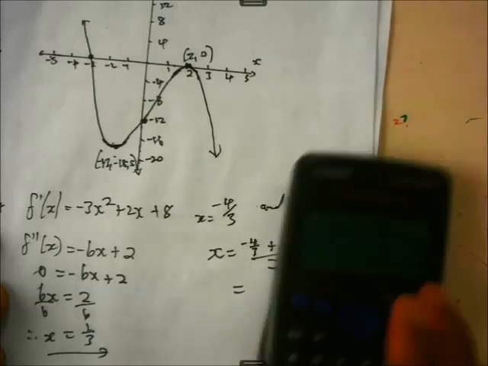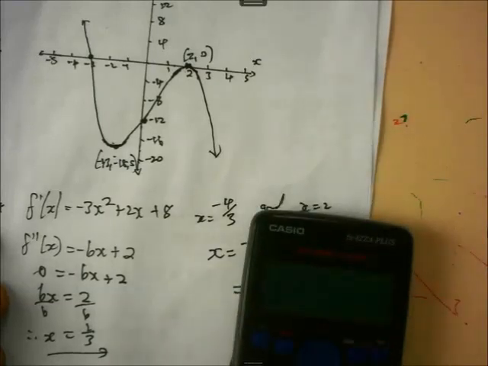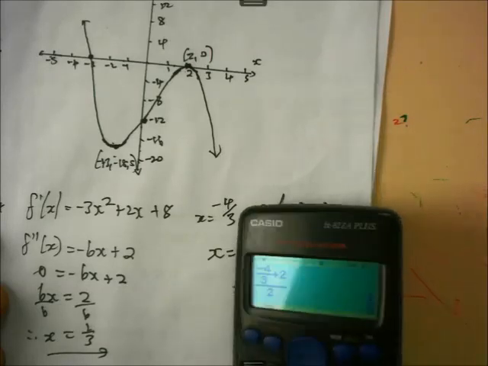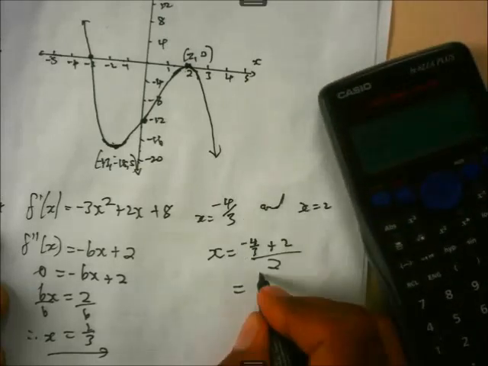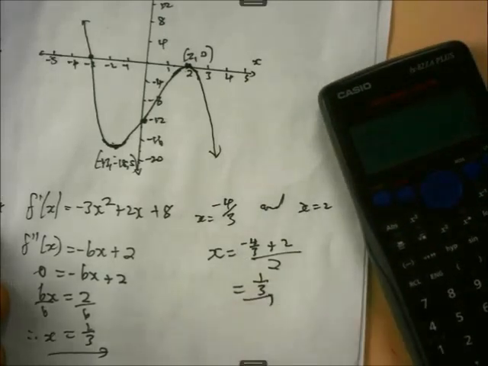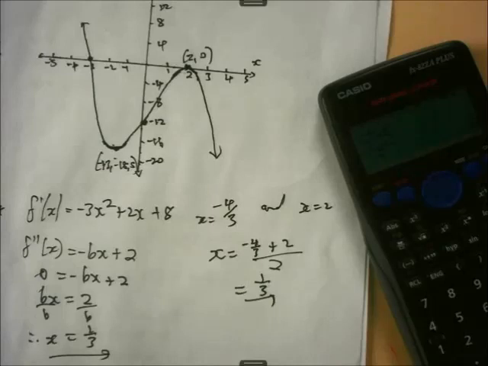Let us see what we get from this. We have minus 4 over 3 plus 2, then we divide it by 2. Then we can see we still have x as 1 over 3. If you know the x values at the turning points, you can just add the two and then divide by 2.